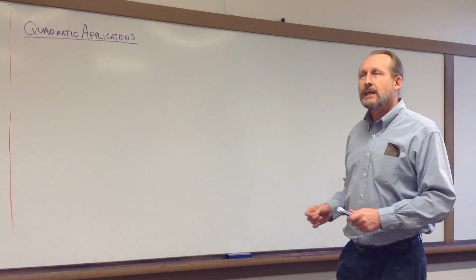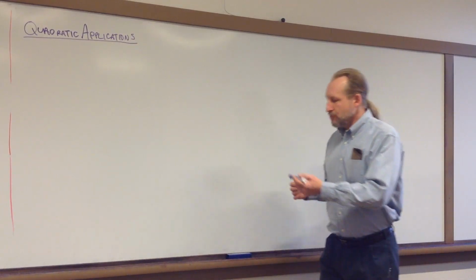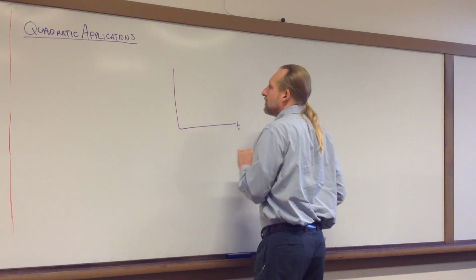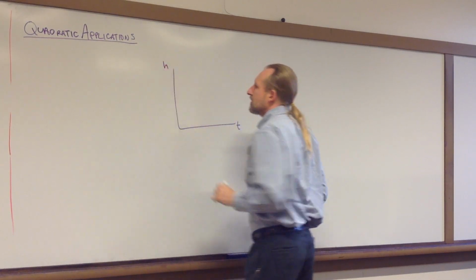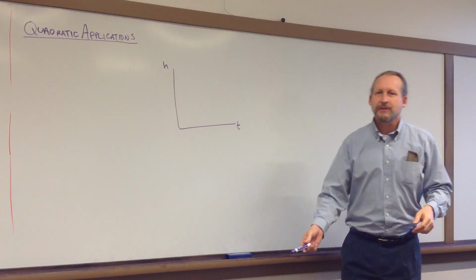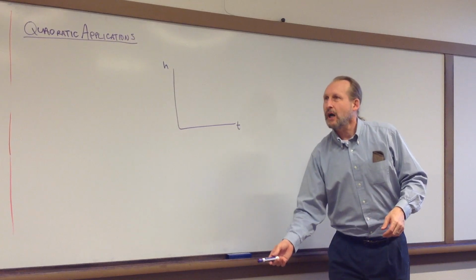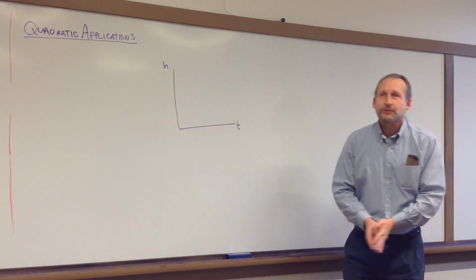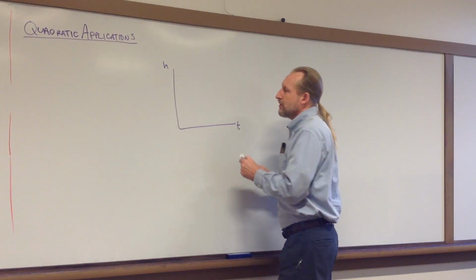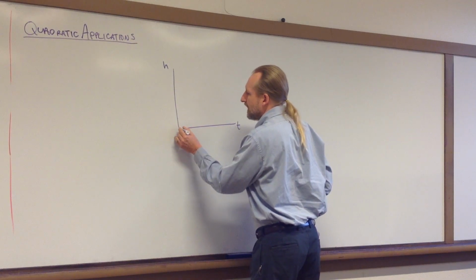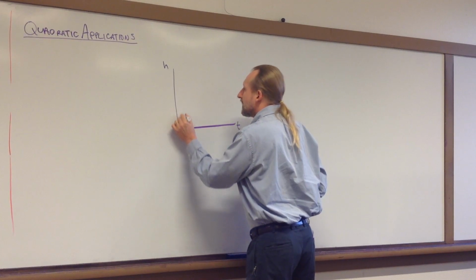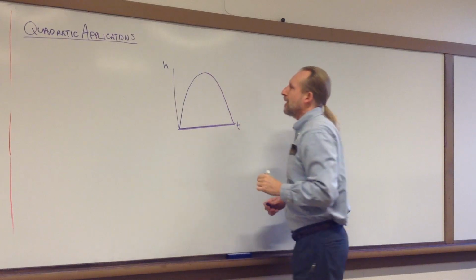The idea here is that if you make a graph where time is on the x-axis and height is on the y-axis, and you throw something straight up in the air and let it fall back down, then if you record the height over a period of time, you're going to get a parabola like this.